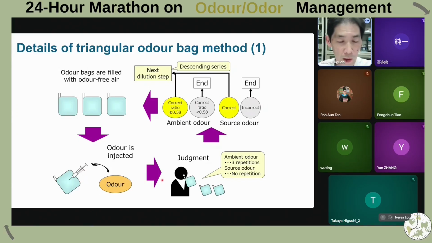Then, a panel member will judge if there is odor or there is not odor by sniffing each odor bag. In this judgment, we use 3 odor bags per one sensory panel member.